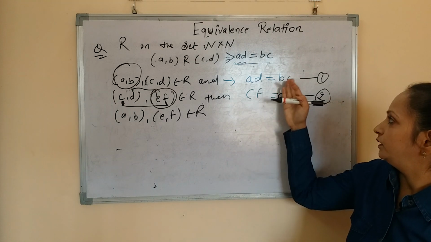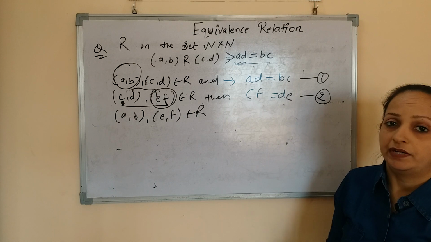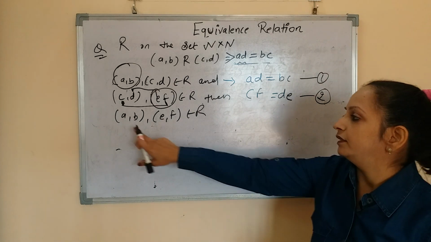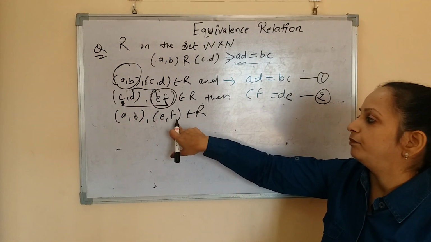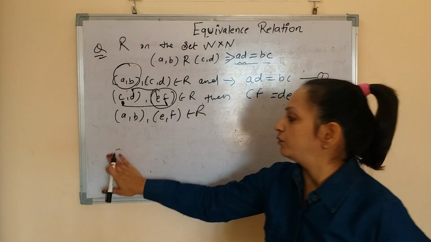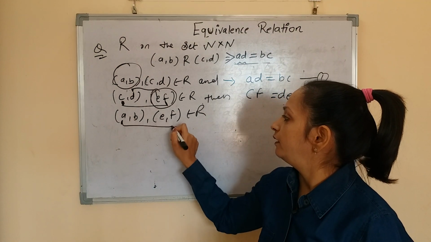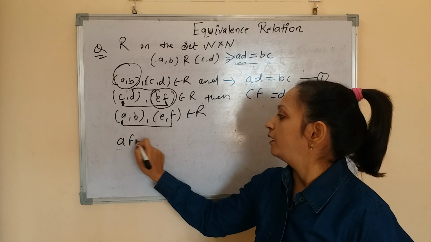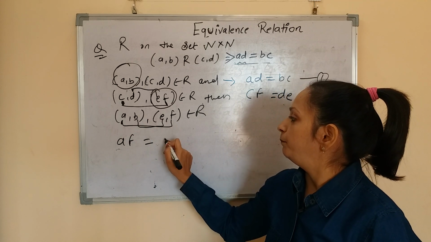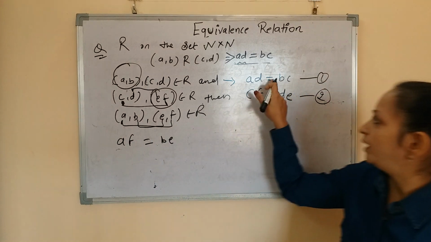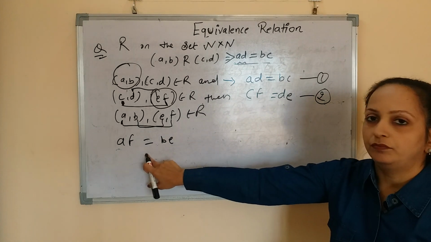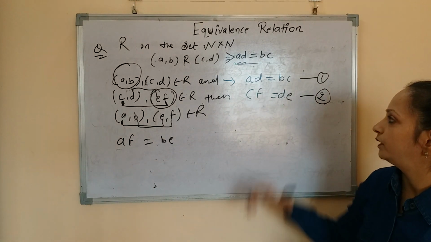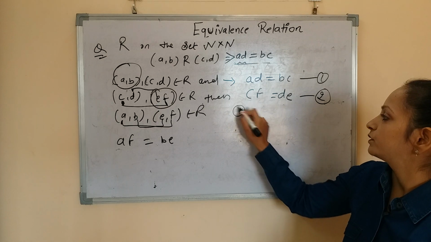So these two equations I already have, and now I have to prove whether (A,B), (E,F) belongs to R or not. So we have to prove that AF is equal to BE. So by these two equations, we have to prove this. I think that's not a tough one. I'm just multiplying equation 1 into 2.